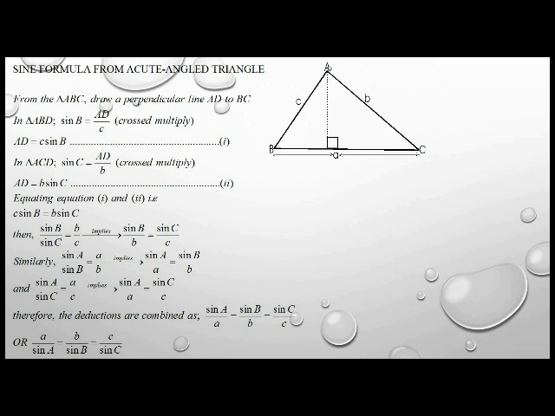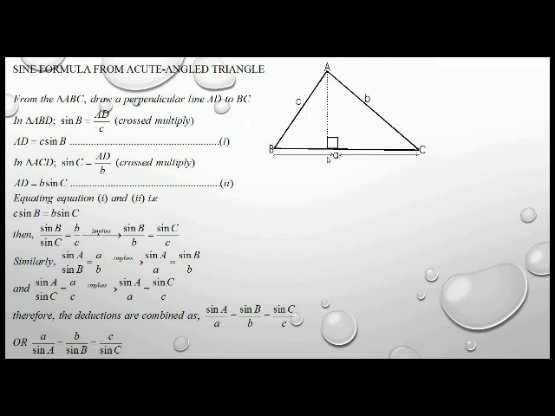Now, in triangle ABD, if you look at it, this line AD is common to triangle ACD. So which means AD is common to triangle ABD and triangle ACD.